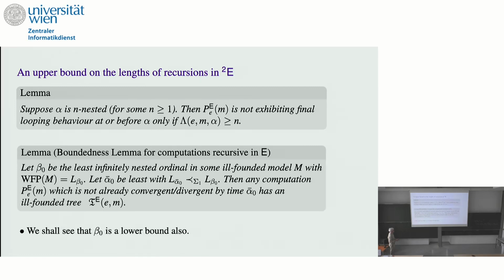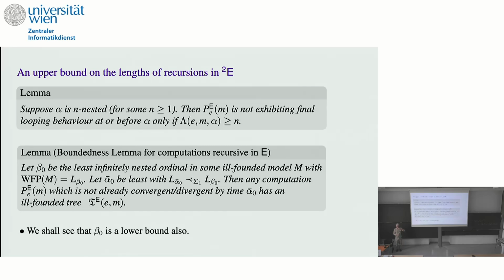Alpha 0 bar is a bit like the event horizon. So if something is going to be a good computation, well-founded tree, it's going to be convergent or divergent by this smaller ordinal alpha 0 bar. Once the computation has gone beyond that point, and it's not yet convergent or divergent, it's doomed.